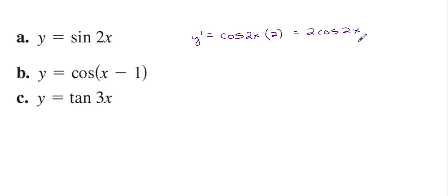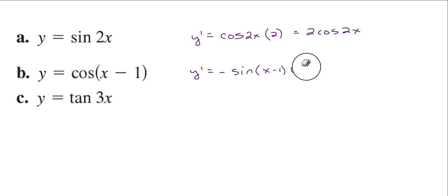Okay, not too bad. Letter B, cosine of some stuff. Definitely looks like inner function x minus 1, outer function cosine. So y prime then is derivative of the outer function. What's the derivative of cosine? Of the inner function times the derivative of the inner function. 1.